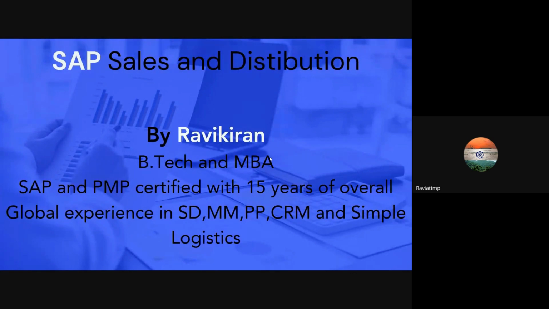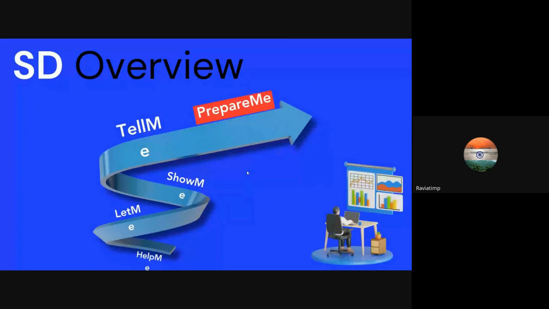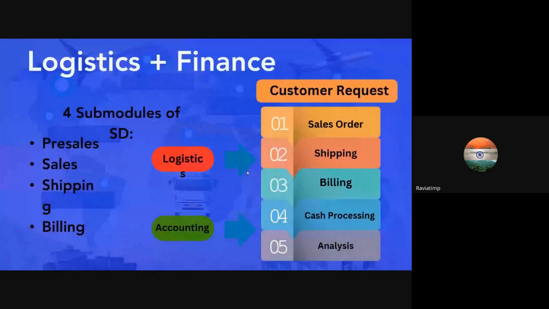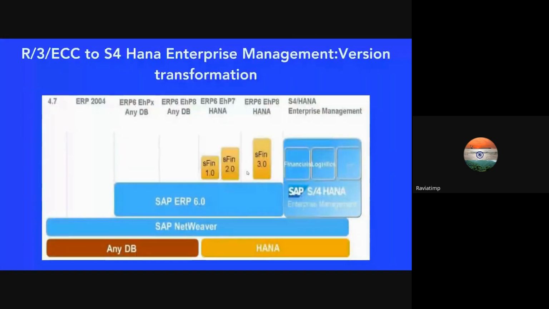If you can see my screen here, this is the S4 HANA version which I'm trying to show. Can you see my screen? Yes, sir. So initially we used to work with 4.7, then 2004, then enhancement pack 5, then 6, then enhancement pack 8. Then we moved into something called S4 HANA, simplified for HANA.